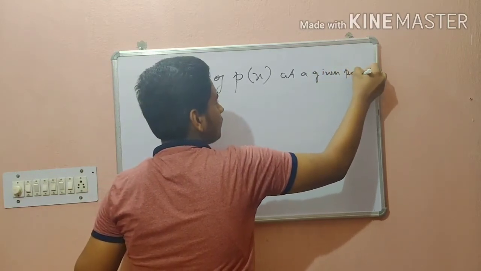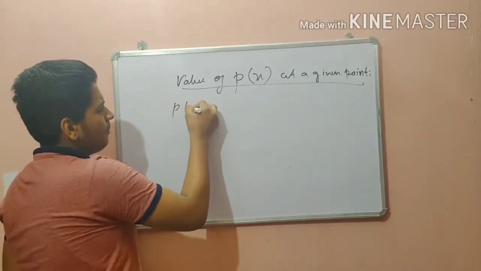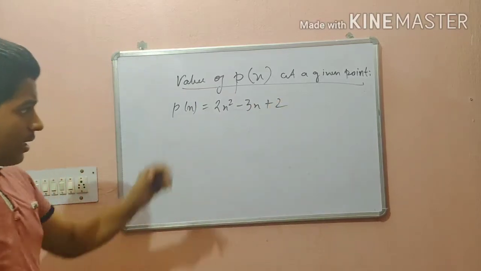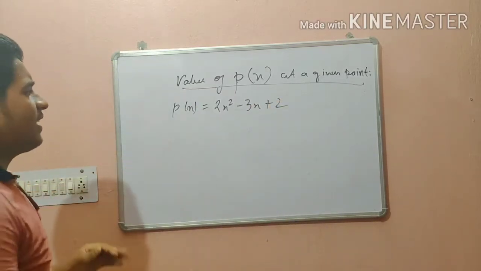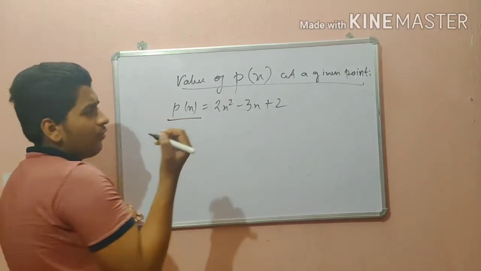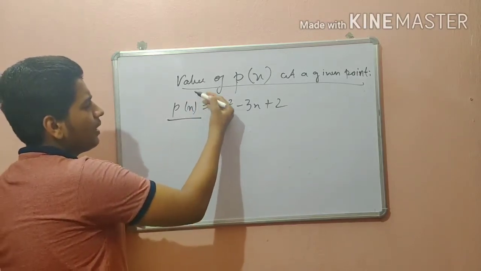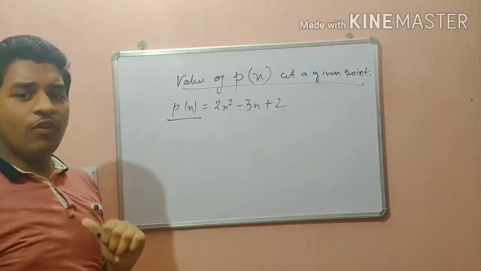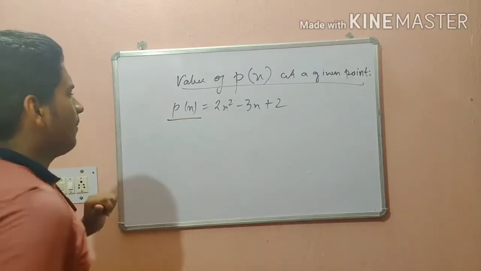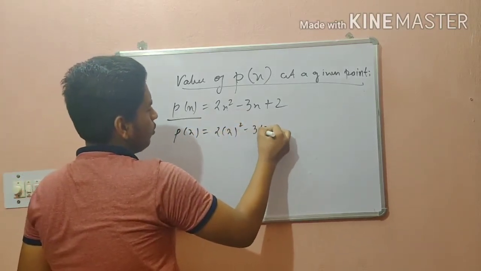Okay, so let's say there is a polynomial p(x) equals 2x square minus 3x plus 2. Now we have to find the value of the polynomial when x is 2. That means we put the value 2 in place of the variable x. So p(2) equals 2 times 2 square minus 3 times 2 plus 2.